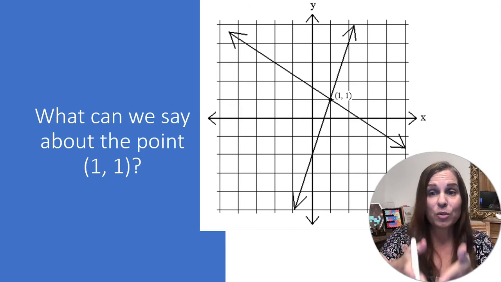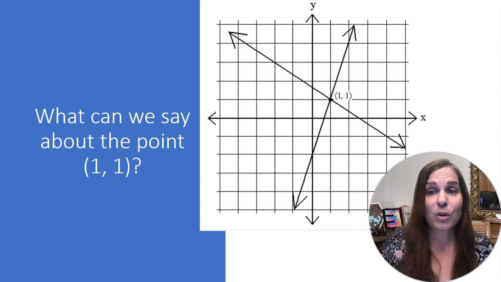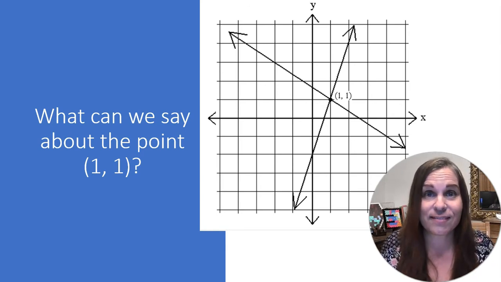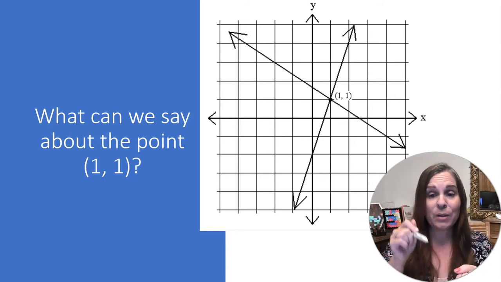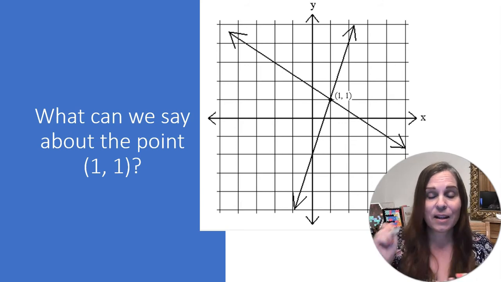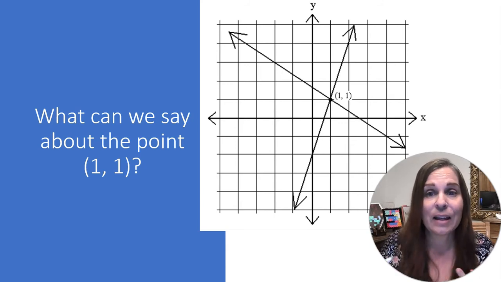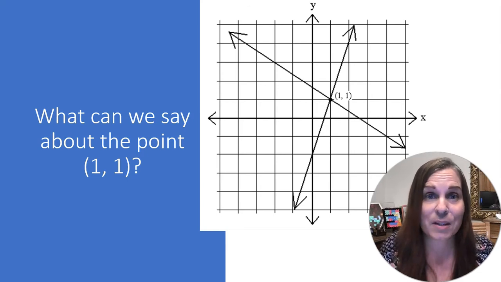This is what a solution to a system looks like. It's the intersection. So even without knowing the equations of these lines, I can say that if I plug one in for x and one in for y, it will make both equations give me true statements.